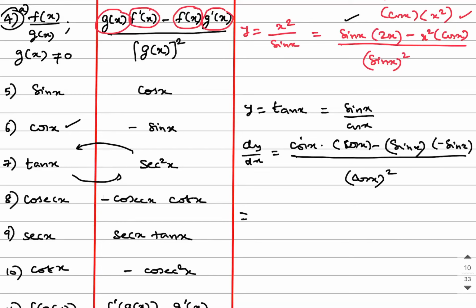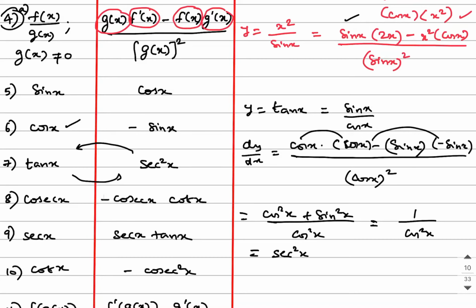So this will be cos square x minus of minus, plus sin square x, whole divided by cos square x. So cos square x plus sin square x is 1, divided by cos square x. So 1 by cos square x is going to be equal to secant square x.